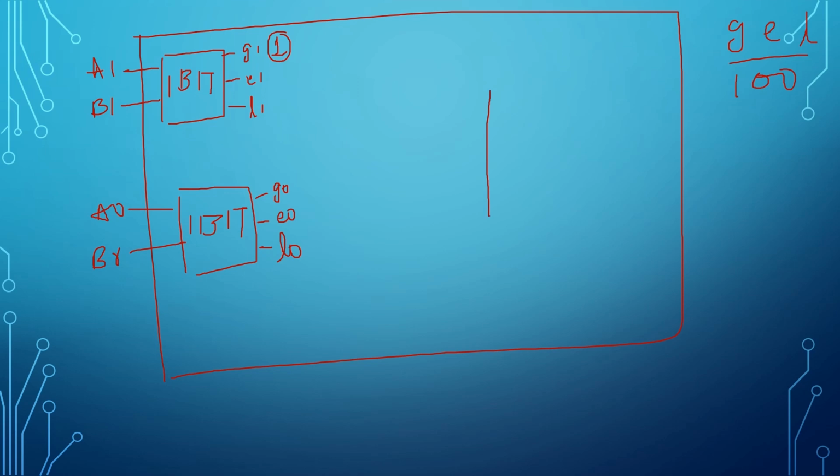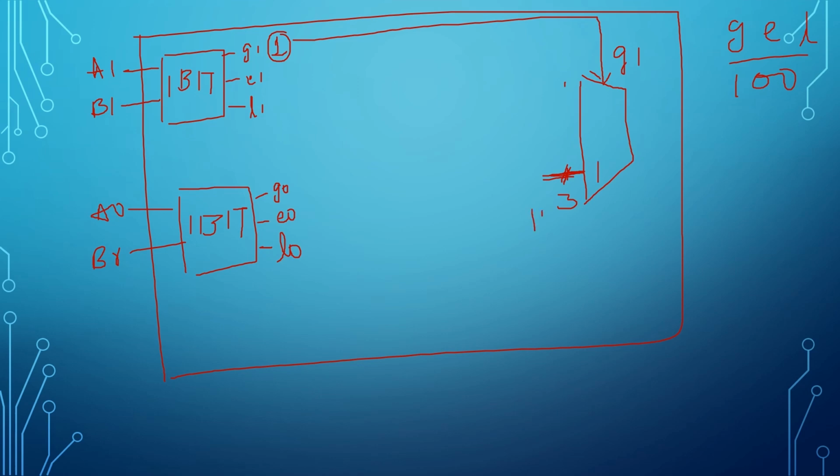Which gives that? The multiplexer gives that. Here I am using a 3-bit wide multiplexer, that means each input of the multiplexer is 3 bits. Let us assume G1 goes to the selection line.